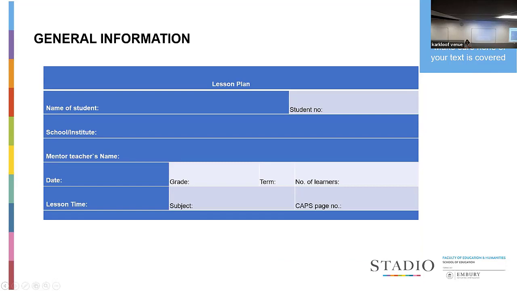You will have your name, your student number, your school or institution, your mentor teacher's name, the date, grade, term, the number of learners, time of your lesson, the subject you will be teaching, CAPS page number, your content area, your lesson plan topic, and the language that you will be teaching in.